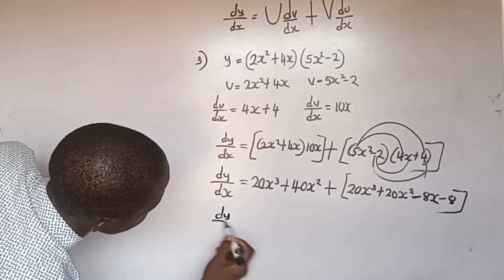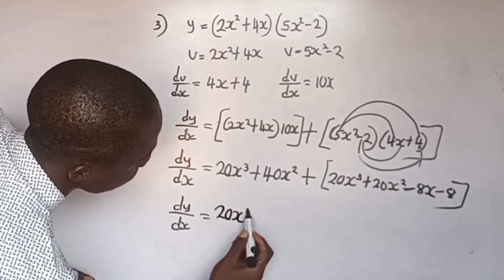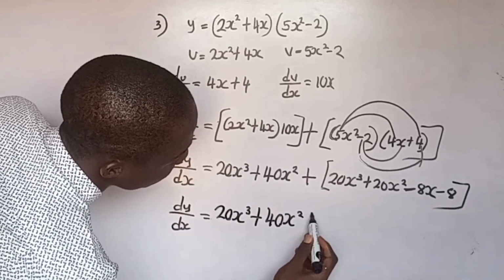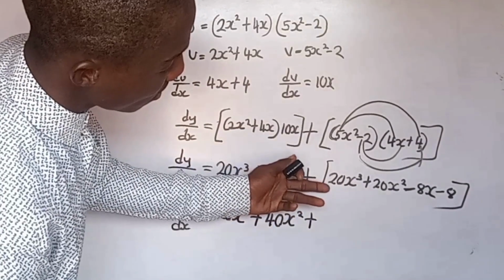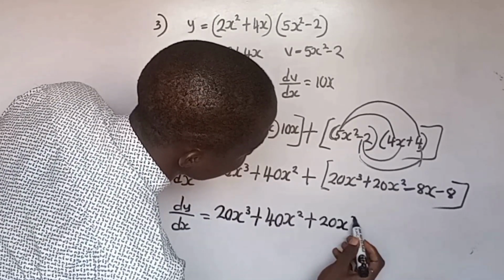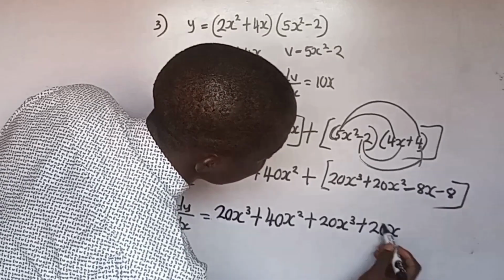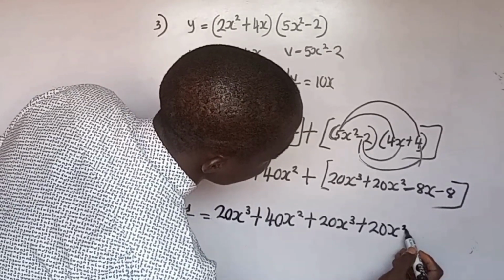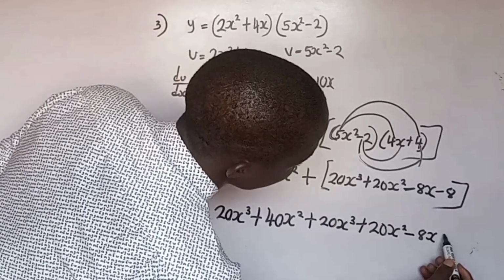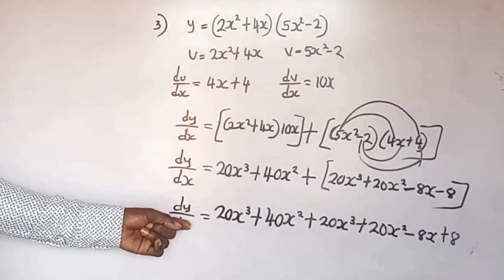Now, dy over dx is equal to 20x cubed plus 40x squared plus, I have here 20x cubed again, 20x cubed plus 20x squared minus 8x minus 8. Now, let us look at the like terms.